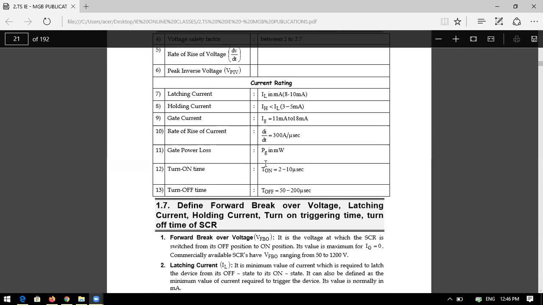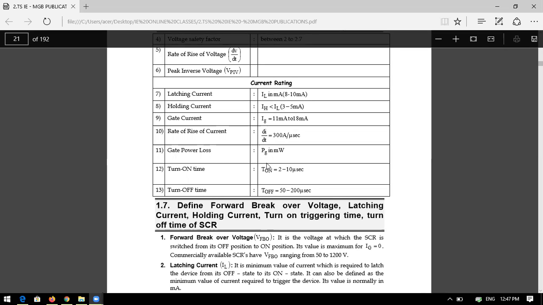Okay. Next, you have the current ratings. Latching current is in the order of milliamperes. We have already discussed 5 to 10 milliamperes. Here, depending on the device, it is 8 to 10 milliamperes. Holding current is 3 to 5 milliamperes. We already discussed IL is greater than IH. So latching current is always greater than the holding current.